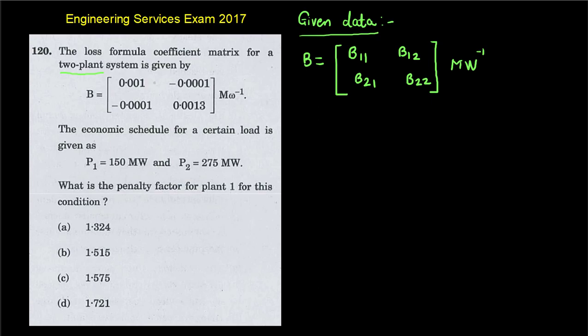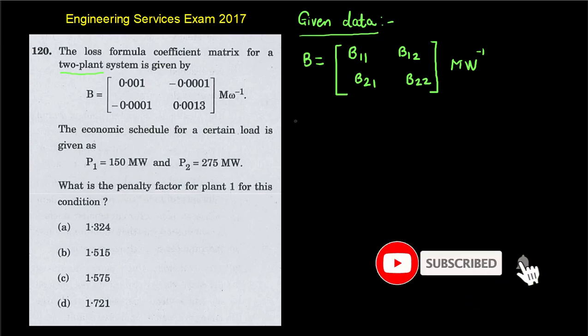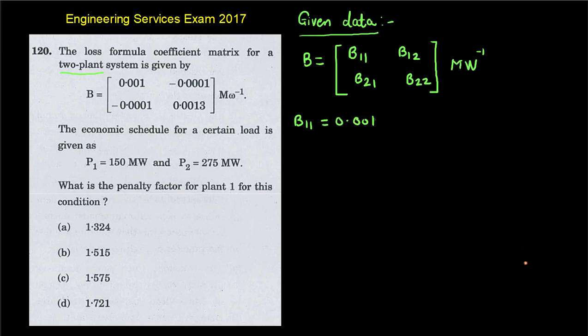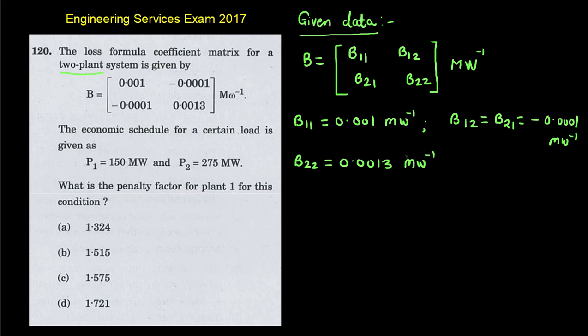If we compare the given matrix with this matrix, then B11 is 0.001 megawatt inverse, B12, which is equal to B21, is minus 0.0001 per megawatt, and B22 is 0.0013 megawatt raised to minus 1. So that is the B coefficient for the given two plant system.